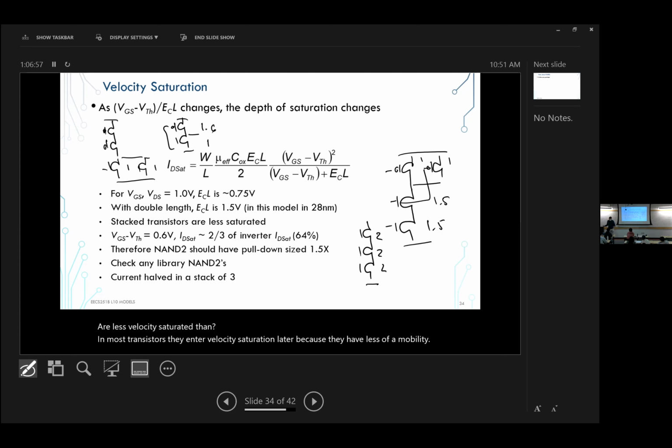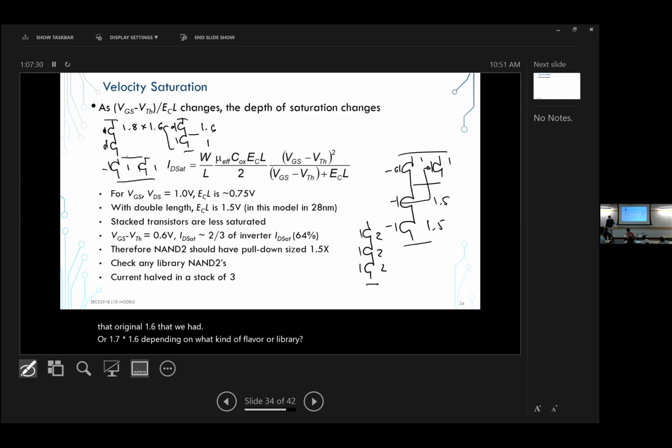So their upsizing factor should be closer to that of a non-velocity saturated device than a velocity saturated device. So this upsizing factor, if you look at the standard cell library, is going to end up being something like 1.8 times that original 1.6 that we had, or 1.7 times 1.6, depending on what kind of flavor of library you have.